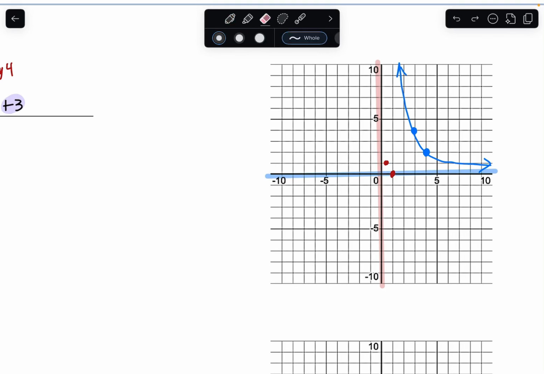So instead of having a distance of 1 away, it's going to be a distance of 4 away. And then instead of having a distance of 1/2, 1/2 times 4 is 2. So that one next point up is going to be 2 away.